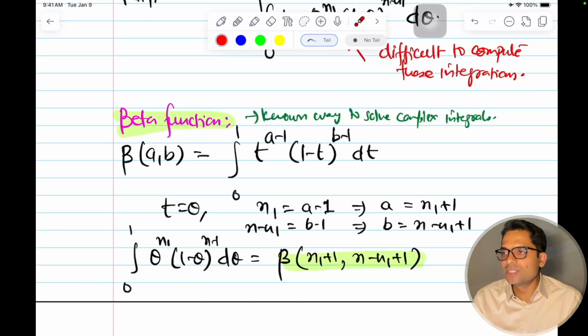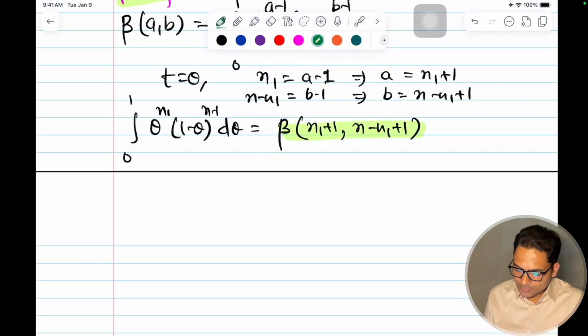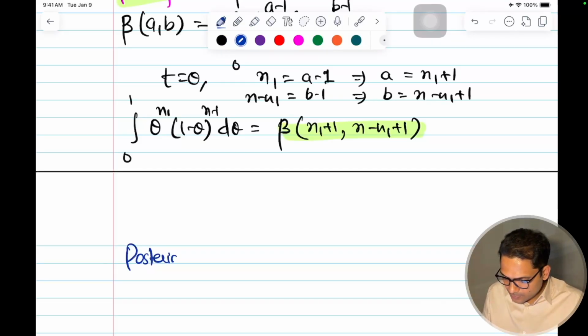So what will my posterior be now? What was the posterior?